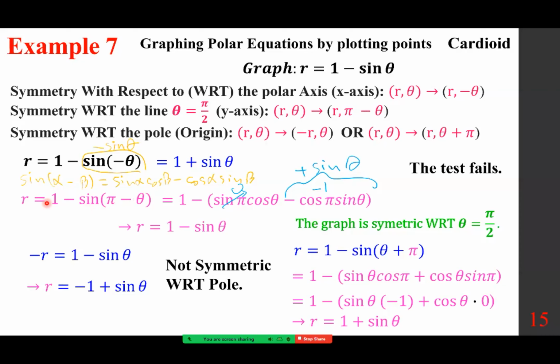Whereas here, when we did with respect to theta equals pi over 2, and we replaced the theta with pi minus theta, notice here, when we did that, it ended up with a situation which is identical to what we started, and that means the graph is symmetric with respect to theta equals pi over 2. So again, you're checking for symmetry. Okay? Yes.